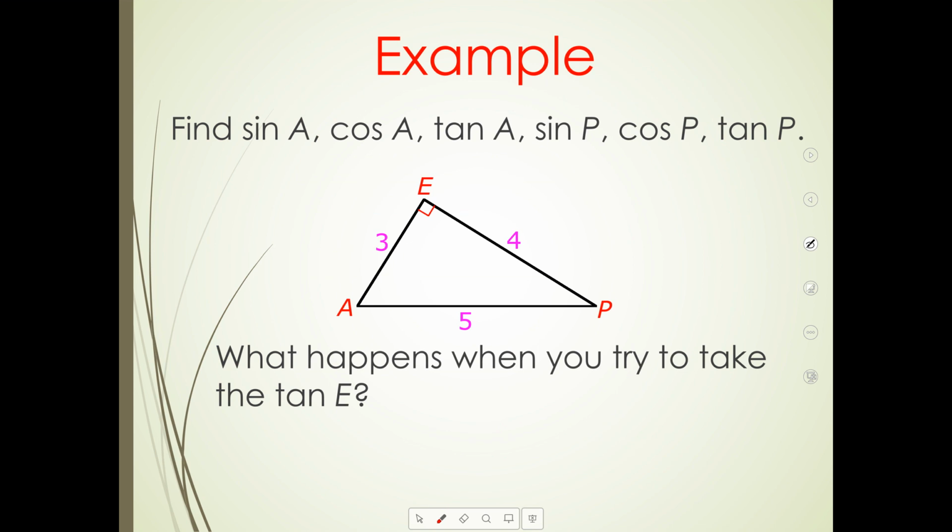So, here we go. I have a triangle. This triangle is APE. Let's start with something simple. What is the sine of angle A in this particular instance? Julia, let's start with you.